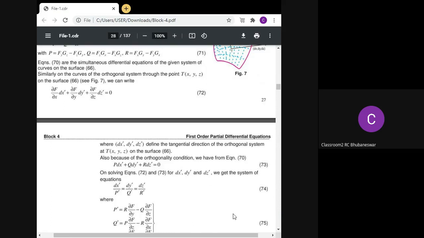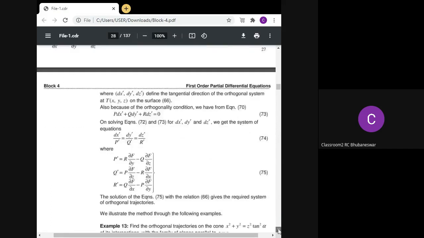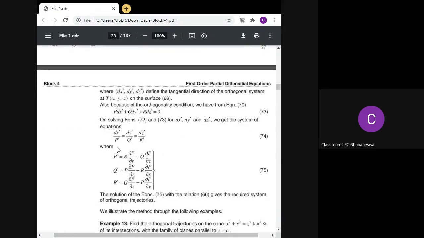After solving this, we have the relation in the denominator, and the denominator has been taken in the form of p dash, q dash, and r dash. So after taking this kind of p dash, q dash, and r dash, we can now easily find the solution of this particular equation number 75 to get the required orthogonal trajectories of the system.